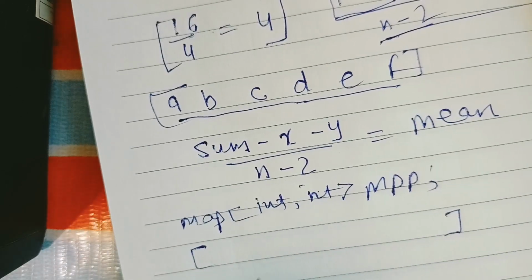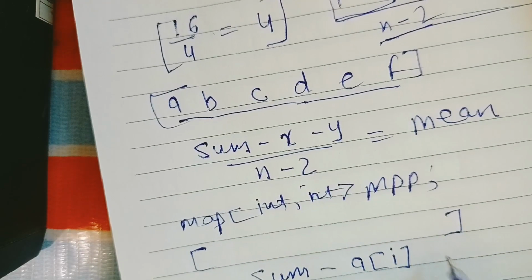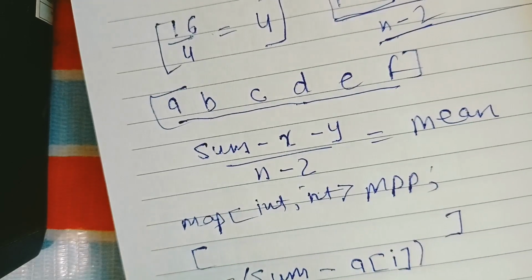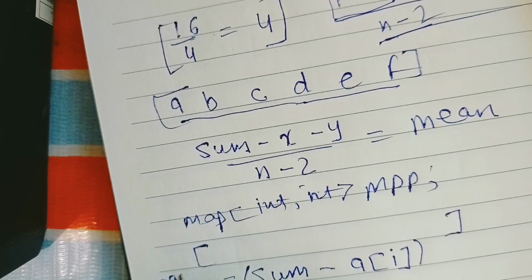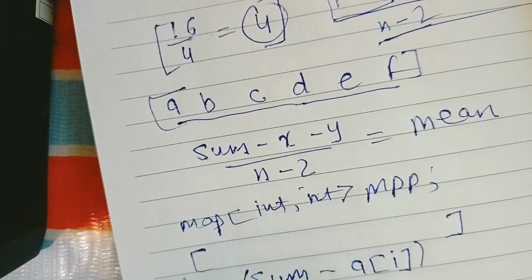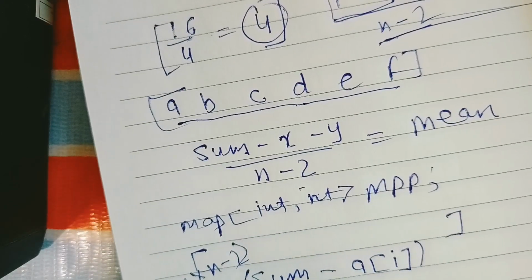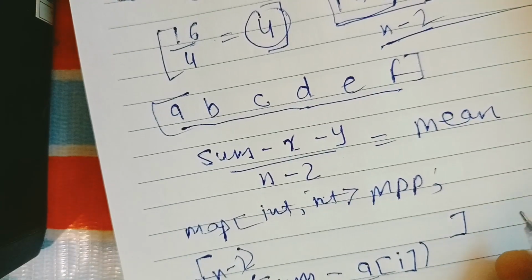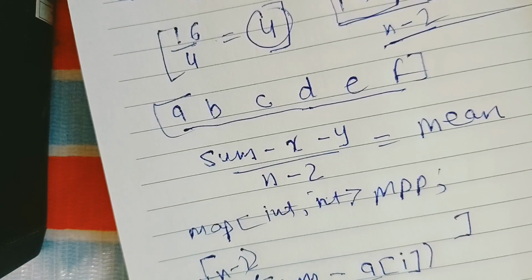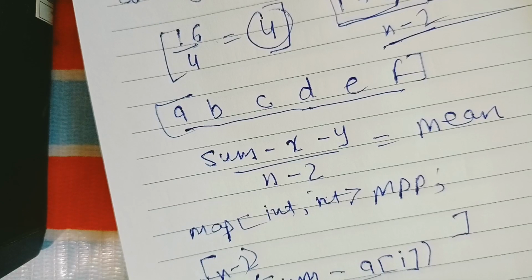So what we need to do is whole sum minus a of i, the element we are iterating on, minus the mean we actually want, which for this question was 4, into n minus 2, and take the absolute of this value.